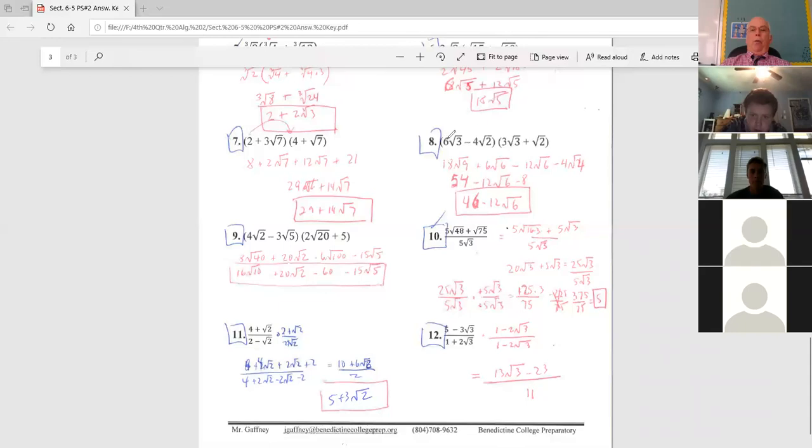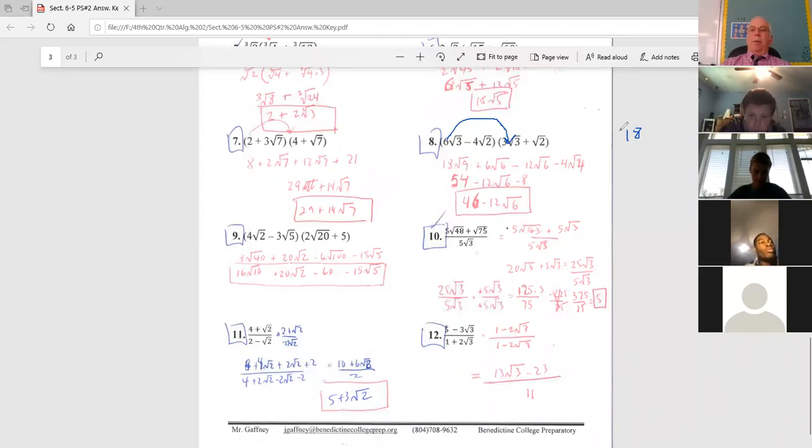Okay, so we're foiling. So we got 6 radical 3 times 3 radical 3, right? There's a couple of ways you can look at it. 6 times 3 is 18, right? Now radical 3 times radical 3 is equal to 3, or 9 under the radical, which is also equal to 3.